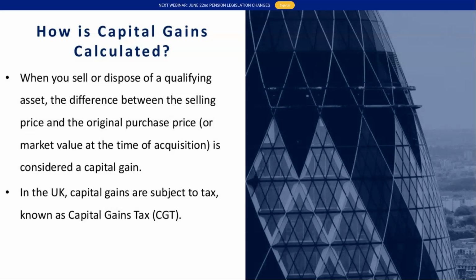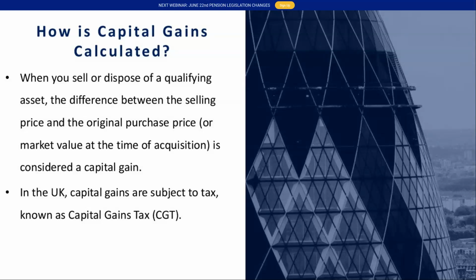So those current rates at the moment, when we're looking at capital gains tax for an individual, for basic rate taxpayers, it's 10% on gains above the tax-free allowance. That tax-free allowance is called the annual exempt amount, and that applies up to the basic rate threshold, and 20% on gains exceeding the basic rate threshold.